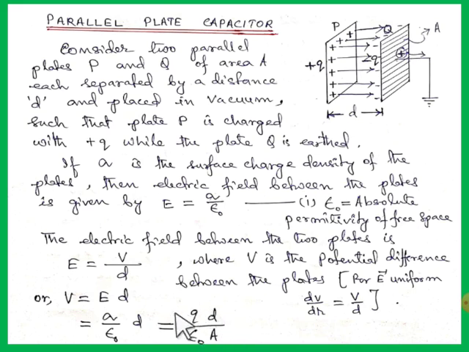Once we have the potential, we can easily find the capacitance, which is the total charge Q over V, where V is Qd by epsilon naught A. Putting these in, we get the capacitance of this parallel plate capacitor.